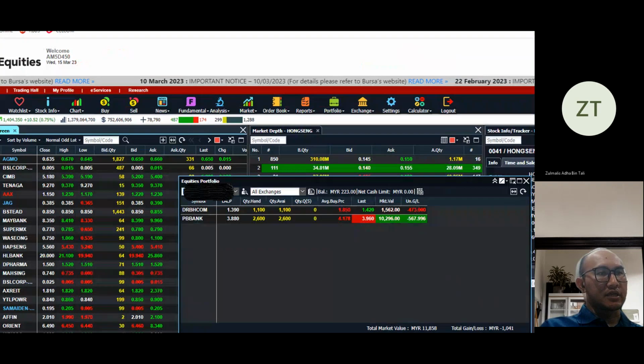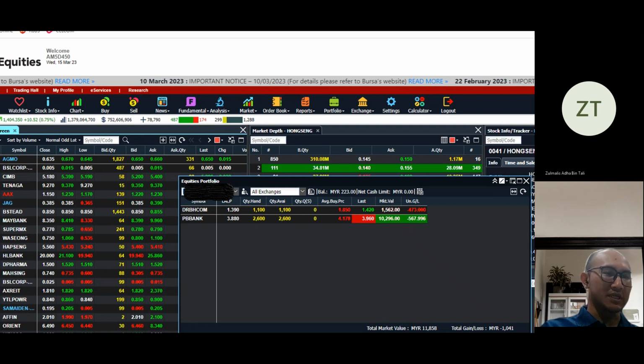You can check under portfolio. There are two things here: the equities portfolio, where we will show you unrealized gain and loss. Just to let you know, the unrealized gain and loss is not accurate because this defaults at 0.7% brokerage.